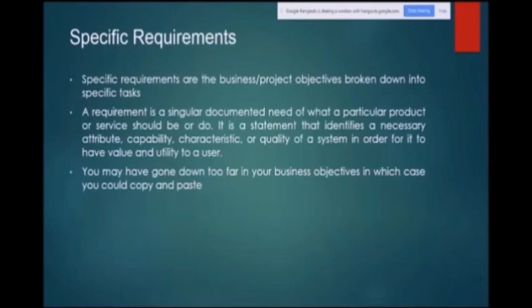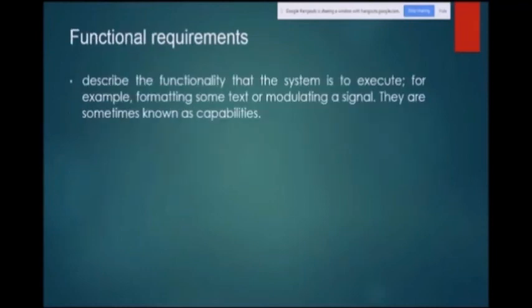It is a statement that identifies a necessary attribute, capability, characteristic, or quality of a system in order for it to have value and utility to a user. So we must write the specific requirements. You may have gone down too far in your business objective, in which case you should copy and paste if you have already done so. Then we have functional requirements.